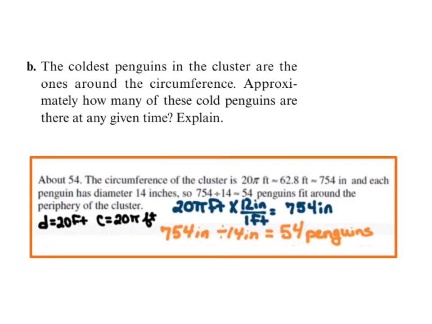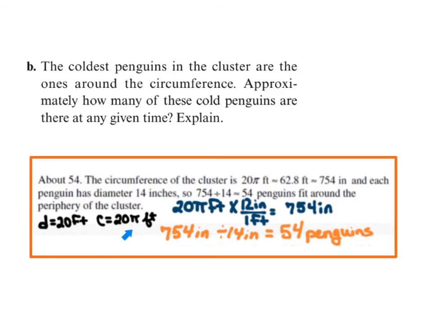Question B, the coldest penguins in the cluster are those on the circumference or around the outer edge of the circle. Approximately how many of these cold penguins are there at any given time? So we know that the large group of penguins has a diameter of 20, so its circumference would be 20 times pi.